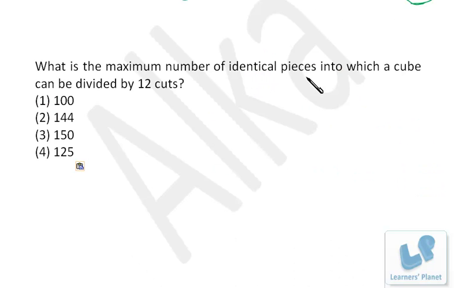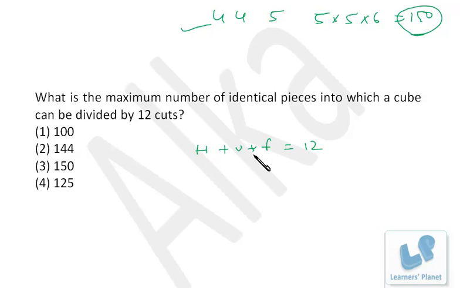Now, what is the maximum number of identical pieces in which a cube can be divided by 12 cuts? So, horizontal plus vertical plus final is 12, right? Now, as I have already told you in the previous question, the difference among these should be minimal. So, that's possible if we give them an equal breakup, that is 4, 4, 4. 4 horizontal cuts, 4 vertical cuts and 4 final cuts.